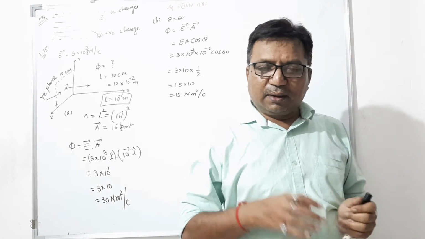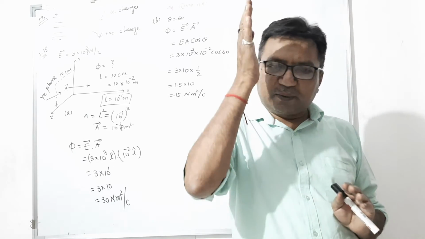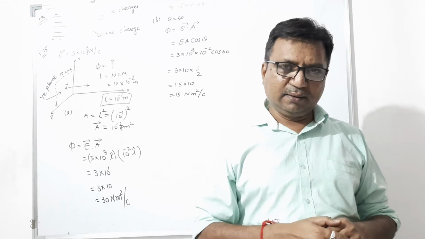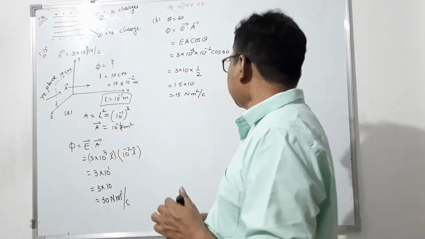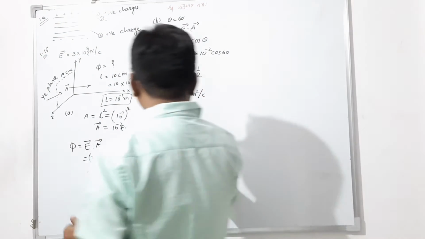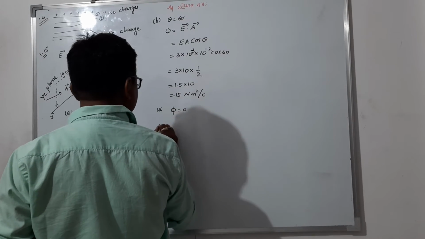So there isn't any single plane over there, so there is no kind of flux. So in 1.16 flux is equal to 0.